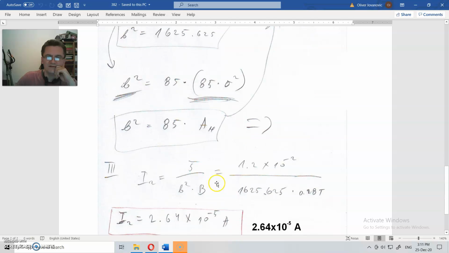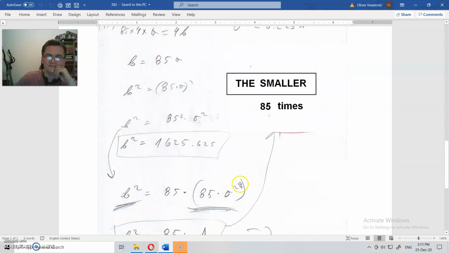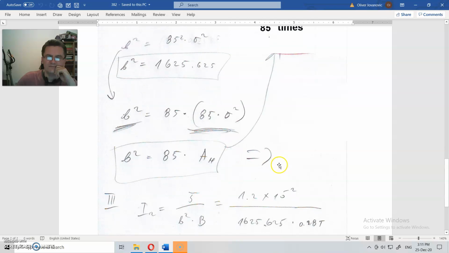And I didn't want to show you this, but what can you do? So it doesn't matter, current is 85 times smaller.